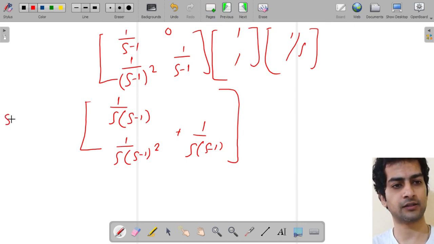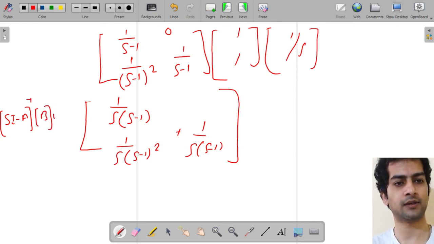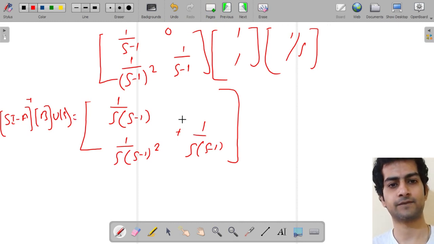This is what we are getting: (sI minus A) inverse B U(s).